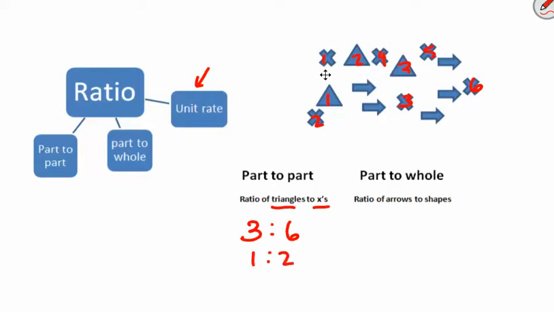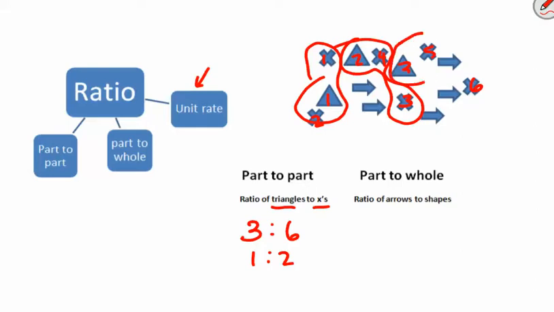So for every 1 triangle I have 2 X's. Okay, remember you can write that several ways, 1 to 2, or 1 2, or with the word to. All right, those are all part to parts.